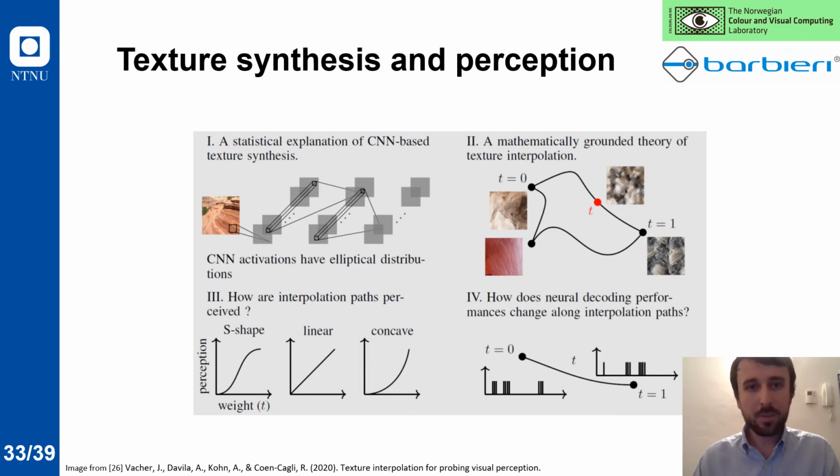Another interesting work was proposed by Vacher and colleagues in 2020, and they showed that CNN activations of natural textures have an elliptical distribution in the feature space, and use optimal transport theory to define a texture interpolation method.